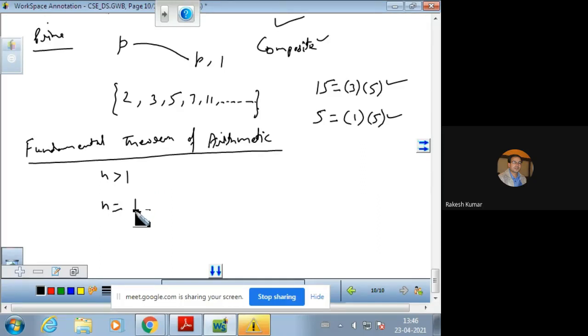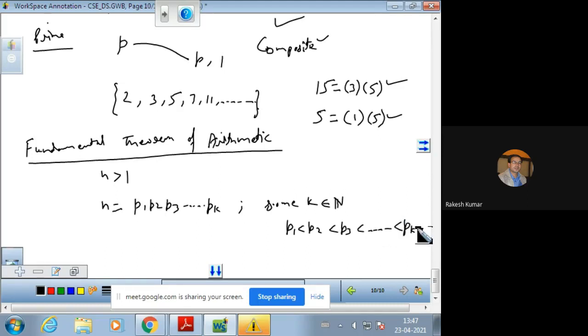That is, n can be written as p1, p2, p3, and so on, pk, for some k belonging to the set of natural numbers, and p1 is less than p2, is less than p3, and so on, less than pk. Also, the product may consist of a single factor, so that a prime p is itself a product of primes.